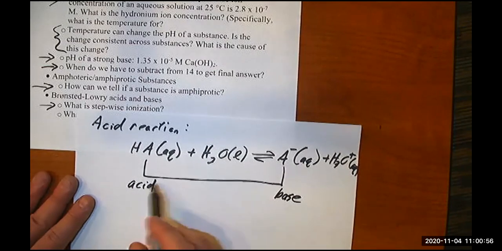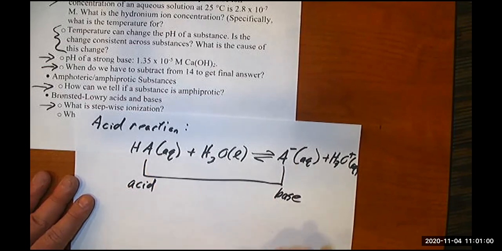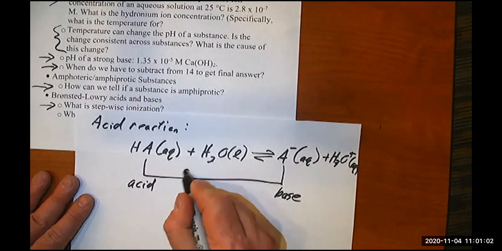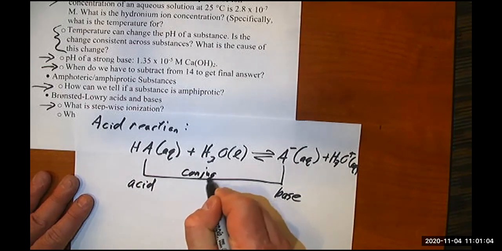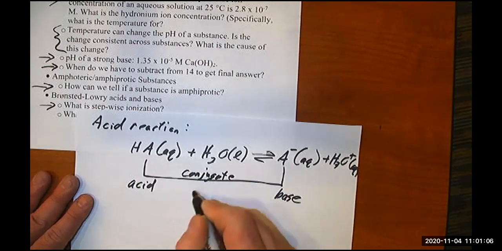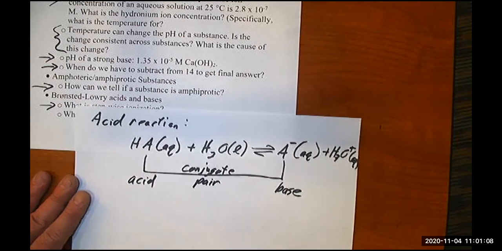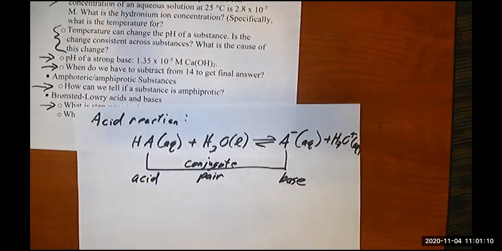And because these are linked by being the same substance, just with or without the proton, we call them a conjugate pair. So if we say that HA is an acid, then A minus is its conjugate base.